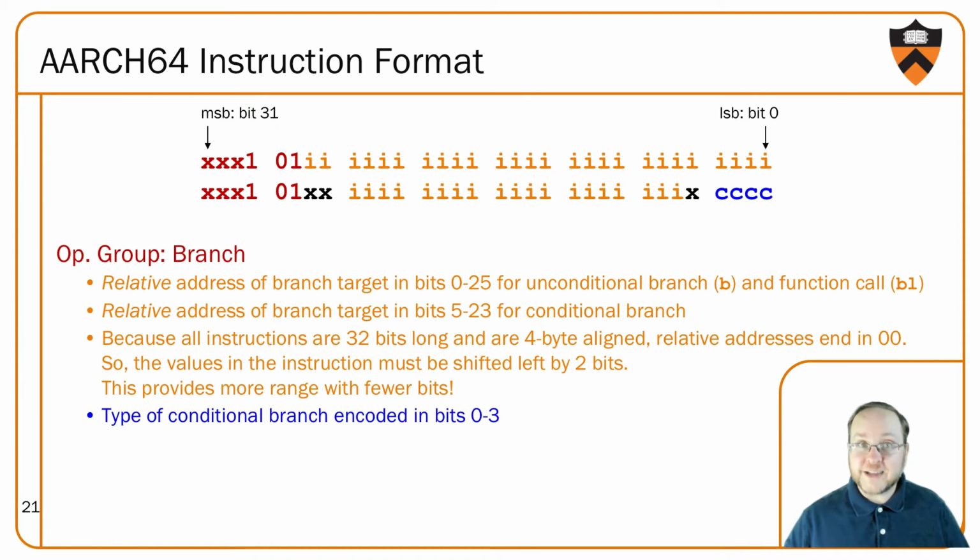We won't store the entire address because we can't store an entire 64-bit address in a 32-bit instruction. So we'll store a relative address, which should be smaller. And we won't store the last 2 bits of that relative address because when we subtract 2 numbers that are both multiples of 4, we know the result will be a multiple of 4. So let's take a look at a few examples.